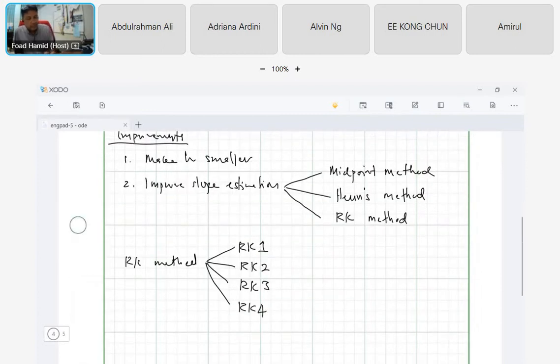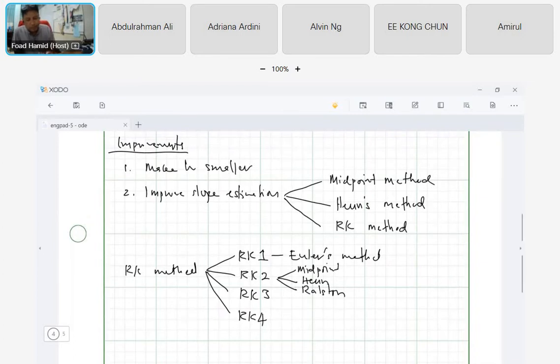RK1 is basically your Euler's method. And then RK2, in your textbook, it mentioned three methods, depending on the parameter that you use for your a, p, and so on. So one is midpoint, Heun's, and the other one is Ralston.